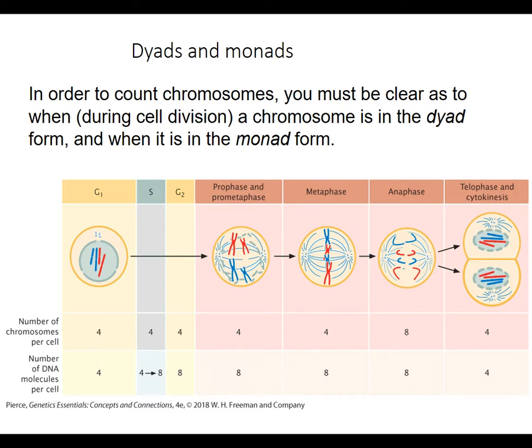Each telophase cell has 4 chromosomes and half as much DNA as was in anaphase. So it's very interesting how those 2 numbers change in different places depending on whether you're counting the actual chromosomes or looking at the weight of the DNA in the cell.